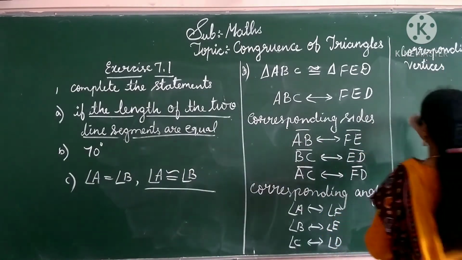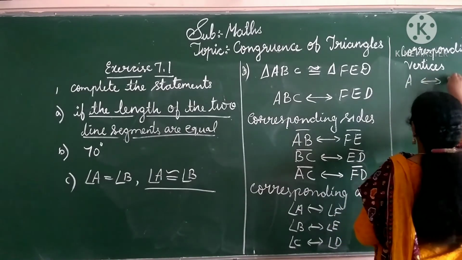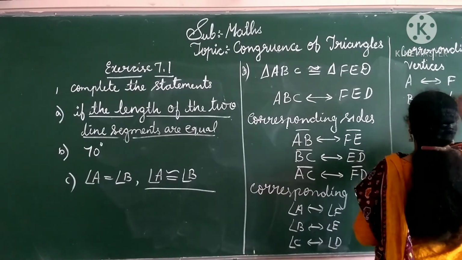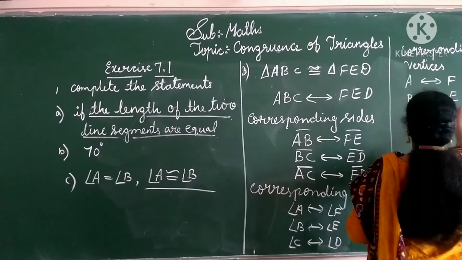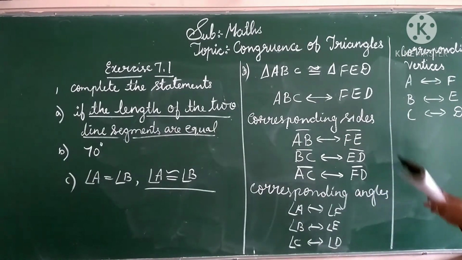Corresponding vertices is A corresponding to F, B corresponding to E, and C corresponding to D.